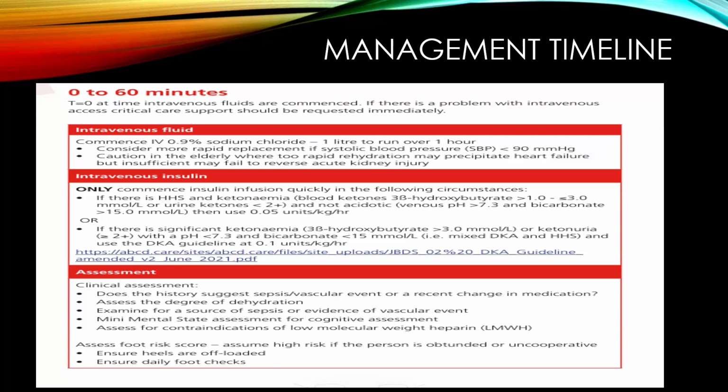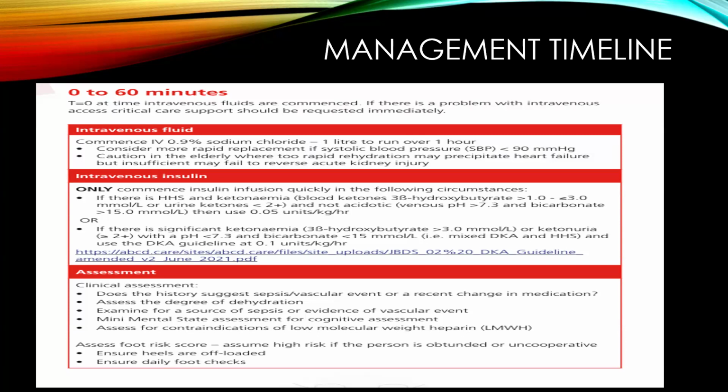Only commence insulin infusion quickly in the following circumstances. If there is HHS and ketonemia, that is blood ketone more than 1 or less than 3, or urine ketone less than 2, and the patient is not acidotic, that is venous pH is more than 7.3 and bicarbonate more than 15, then use 0.05 units per kg per hour.